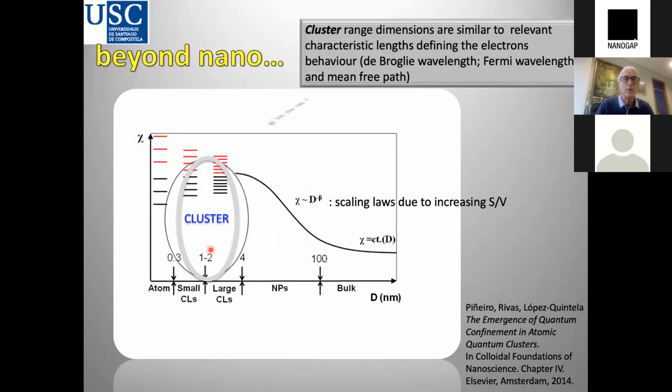Below approximately 1 to 2 nanometers, the dimensions of the system become similar to some wavelengths, like the Fermi wavelength or the de Broglie wavelength. In this area, there is a breaking of the scaling law, so you cannot extrapolate directly from the size to the properties of clusters. So the properties should be different.